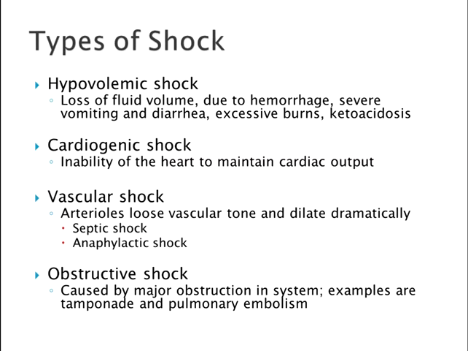Anaphylactic shock can be due to peanut allergies, a bee sting, or shellfish allergies that could trigger a response in which the respiratory bronchioles constrict, so you can't breathe, and then you get rapid vasodilation, which increases swelling, which again means you can't breathe. That's why with anaphylactic shock, they'll give someone an EpiPen to cause vasoconstriction and bronchial dilation. Again, we'll talk more about that in the next chapter.